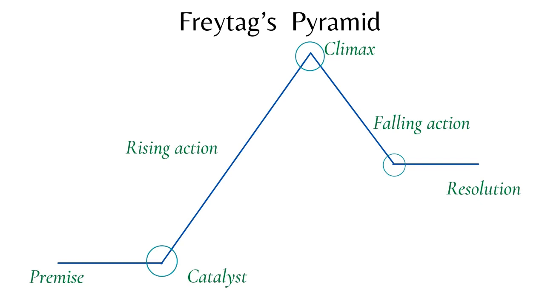Okay, now we're going to move on to the next stage, which is the rising action. Here is where a lot of events happen, a lot of action happens here as well, a lot of transition happens, and many things happen that cause other things to happen to your main character.